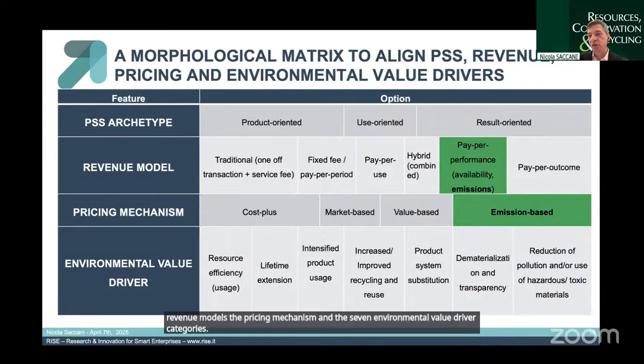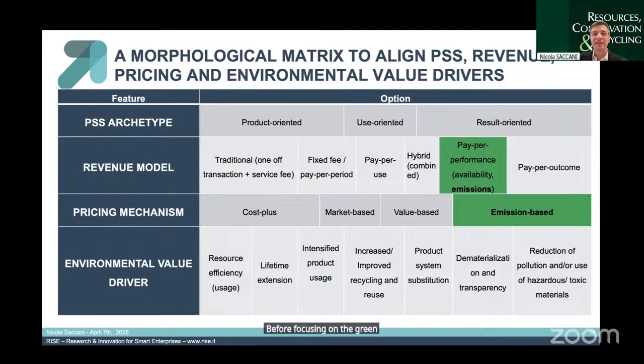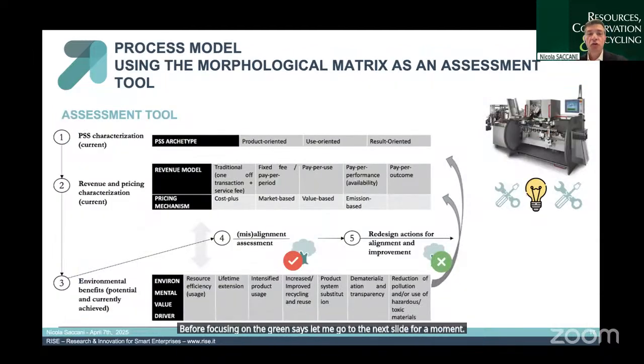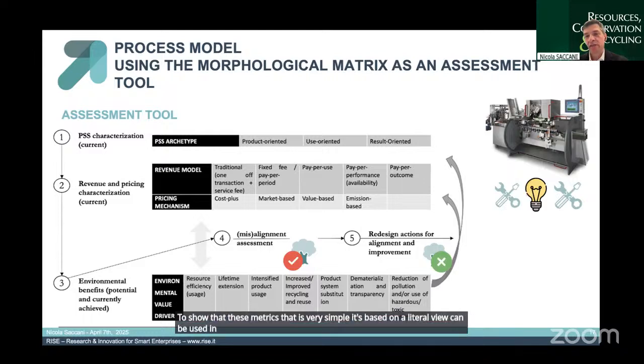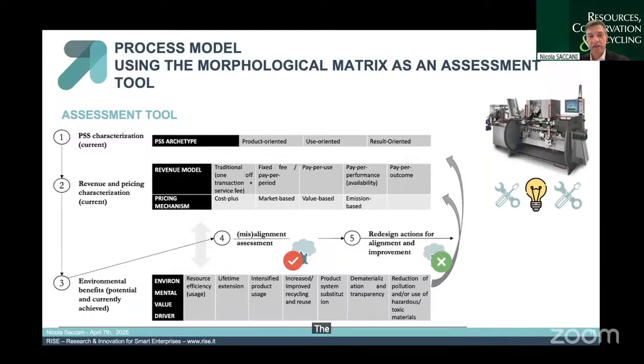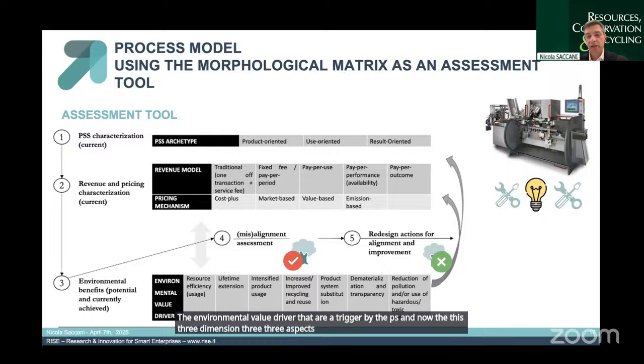Before focusing on the green cells, let me go to the next slide for a moment to show that these metrics, which are very simple and based on a literature review, can be used in our view as a simple tool, also by practitioners, to understand and assess the characteristics of PSS in terms of revenue and pricing methods, and the environmental value drivers that are triggered by the PSS, and how these three aspects are actually aligned.